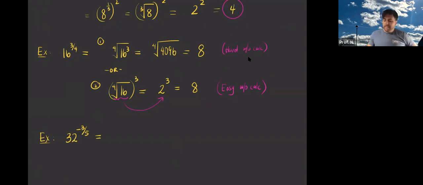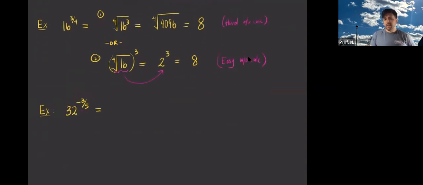What's the first thing you have to do? How do you take care of that negative? I don't want negative, right? I like positive exponents. So then what must I do?